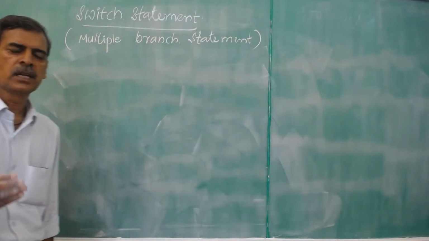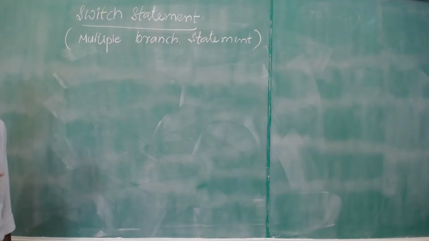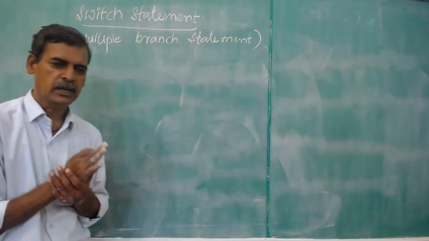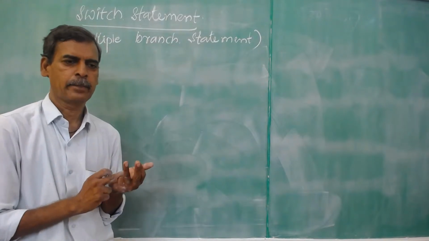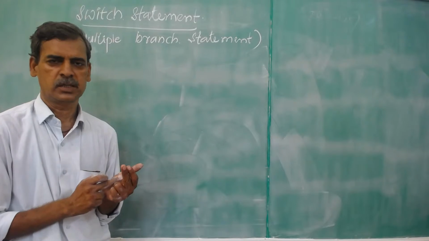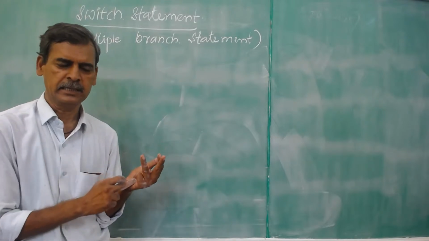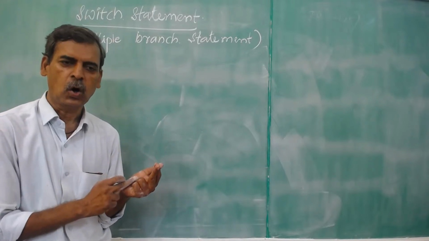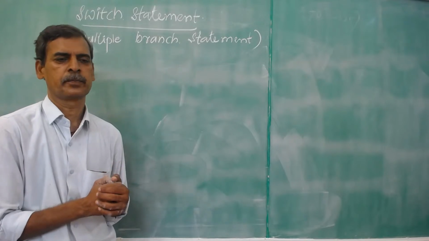So this contains many ways, many branches. Actually, switch statement contains an expression and a menu, that is a list of options.